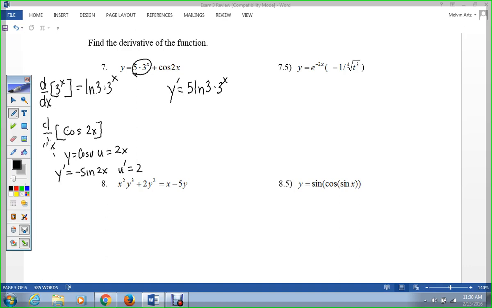So we would multiply those together to get negative 2 sine of 2x. So there's our derivative.